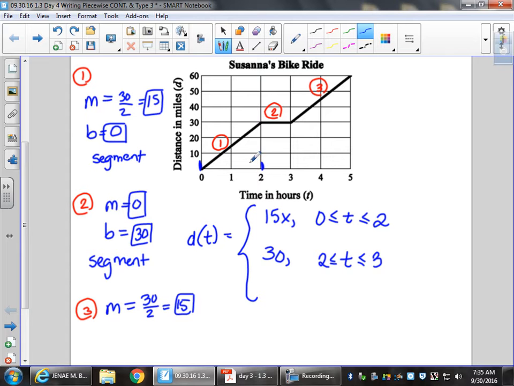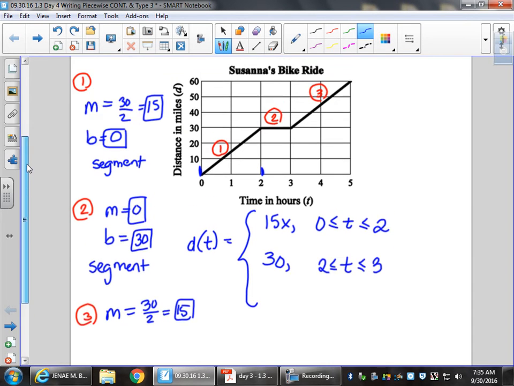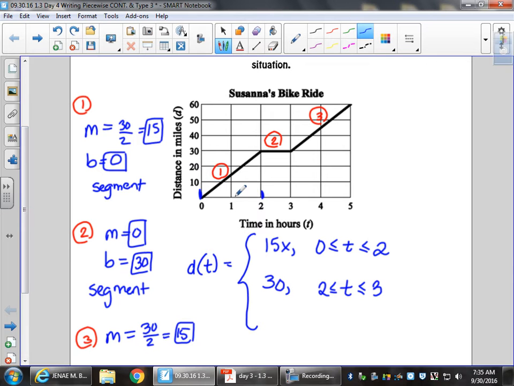What skill did we remind ourselves of yesterday? What's that equation called? Point slope form. So for this third piece, we are going to have to use point slope form. What ordered pair are we going to choose to work with? 3, 30?